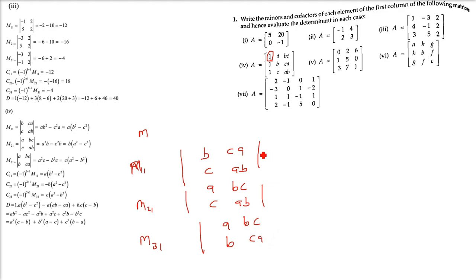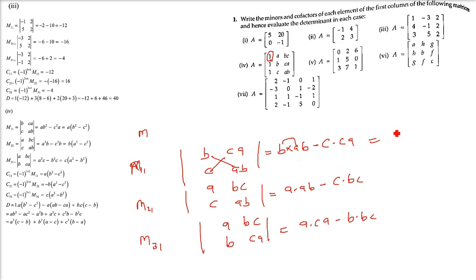Just cross multiply because this is 2 by 2. So you have to find out the determinant here. B into AB minus C into CA. Here A into AB minus C into CB or BC. Here A into CA minus B into BC. So you have A into B squared minus C squared, because A is common here.